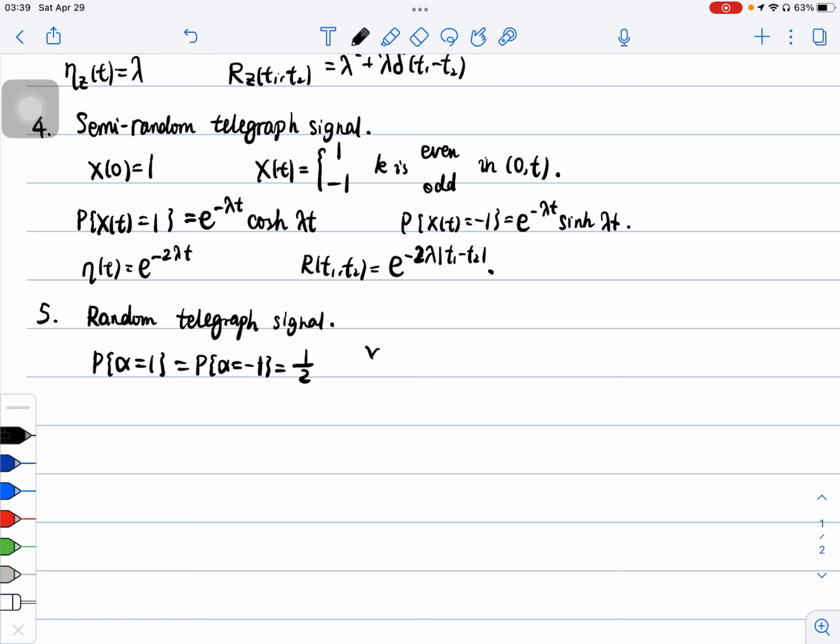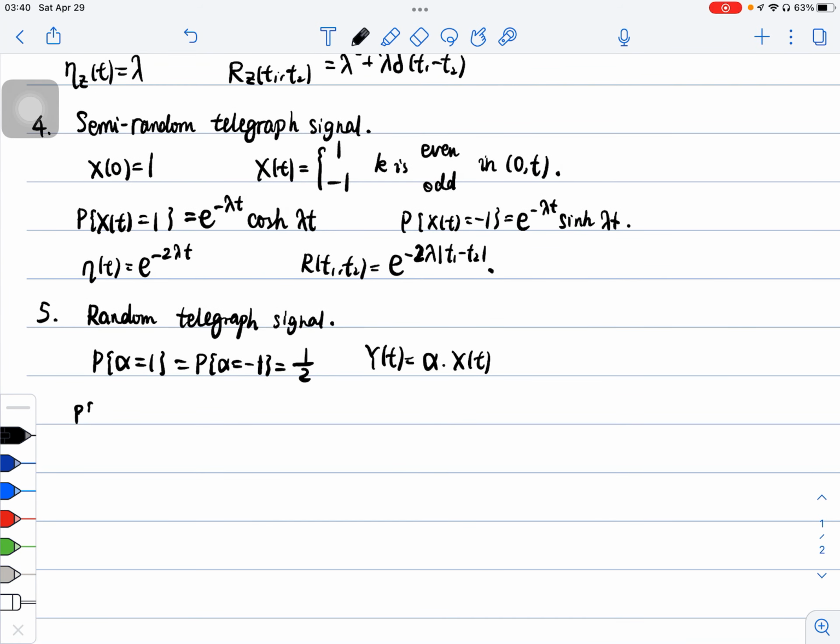And we consider Yt equals alpha times Xt. So this means that we have equal probabilities for Xt to be positive or negative.